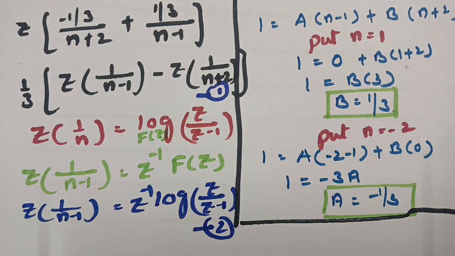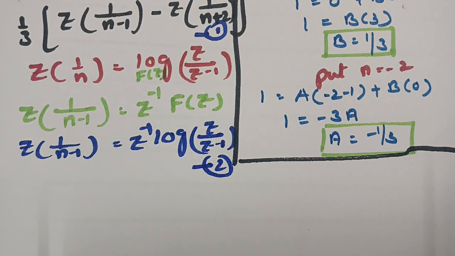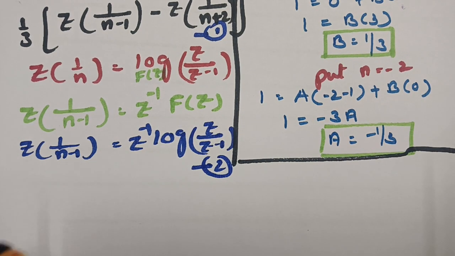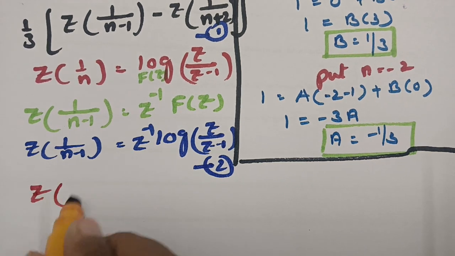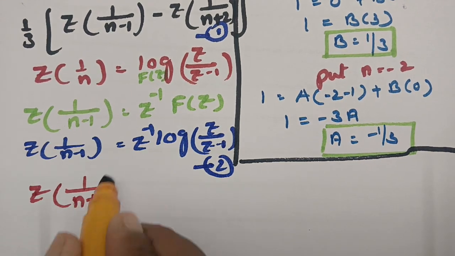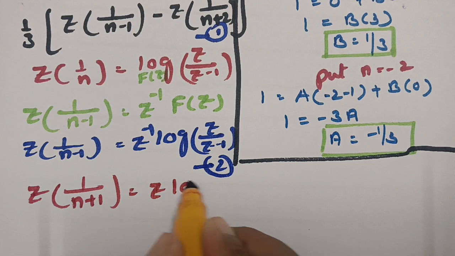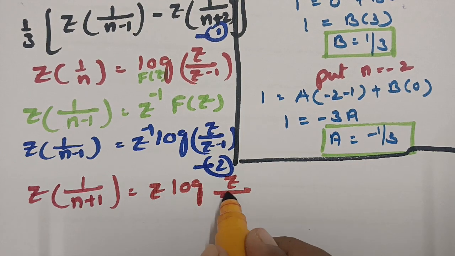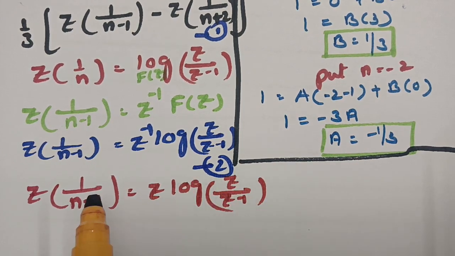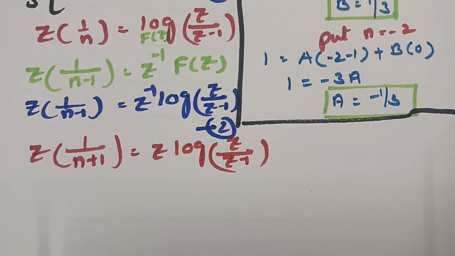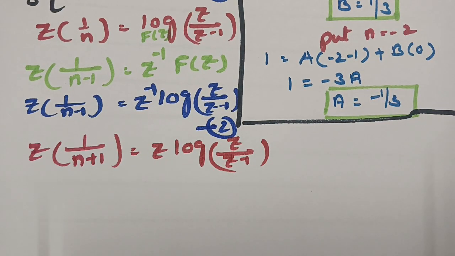Next I need the value of Z of 1 by (n plus 2). We know that according to some standard functions, Z of 1 by (n plus 1) is equal to z times log of z by (z minus 1). Here we need n plus 2, so it is now shifted towards the left side by 1 unit.